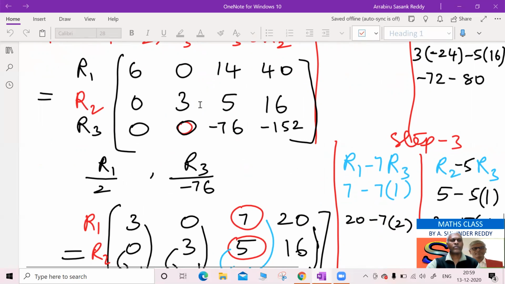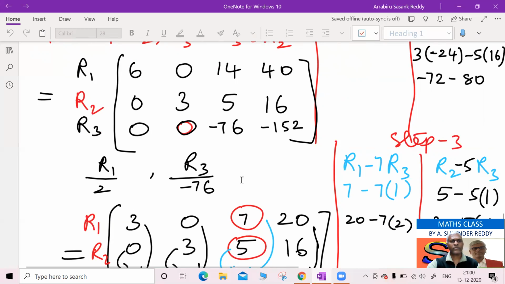So the entire first row can be divided by 2 so that it becomes small numbers. Dividing the first row by 2, you get 6 by 2, 0 by 2, 14 by 2, 40 by 2 as 3, 0, 7, 20.